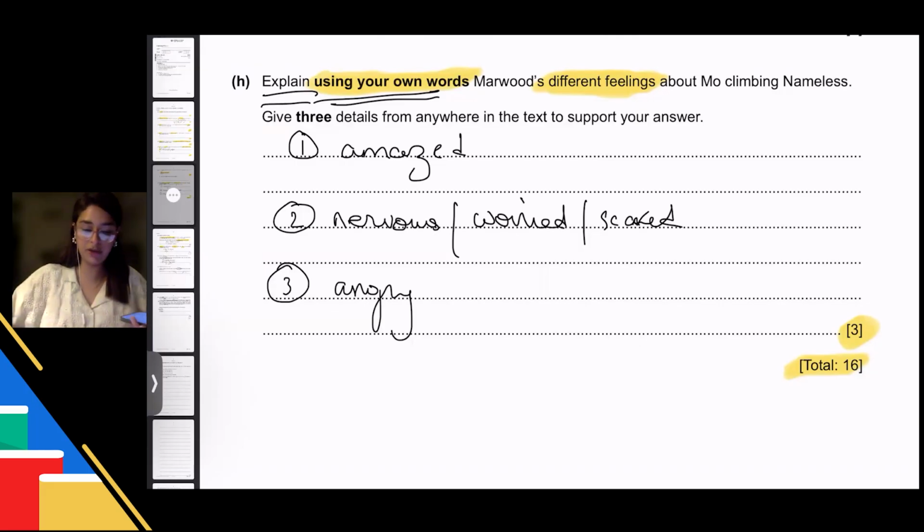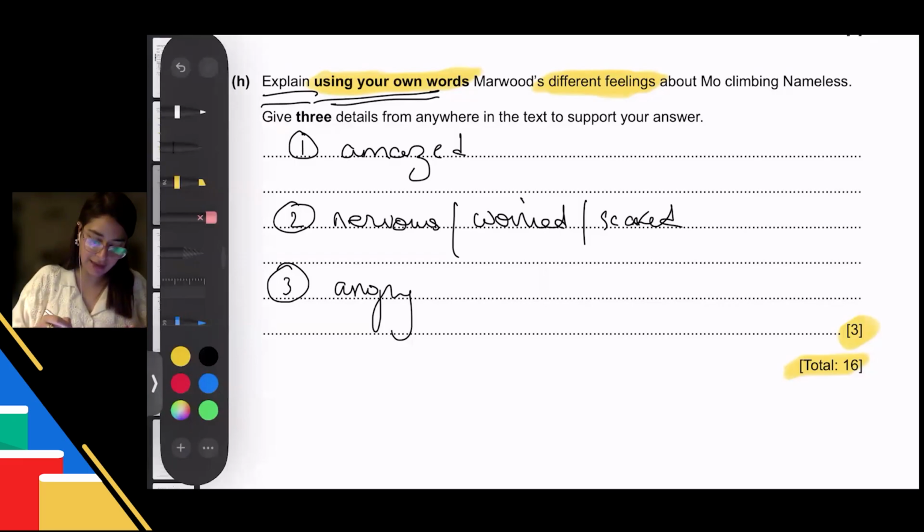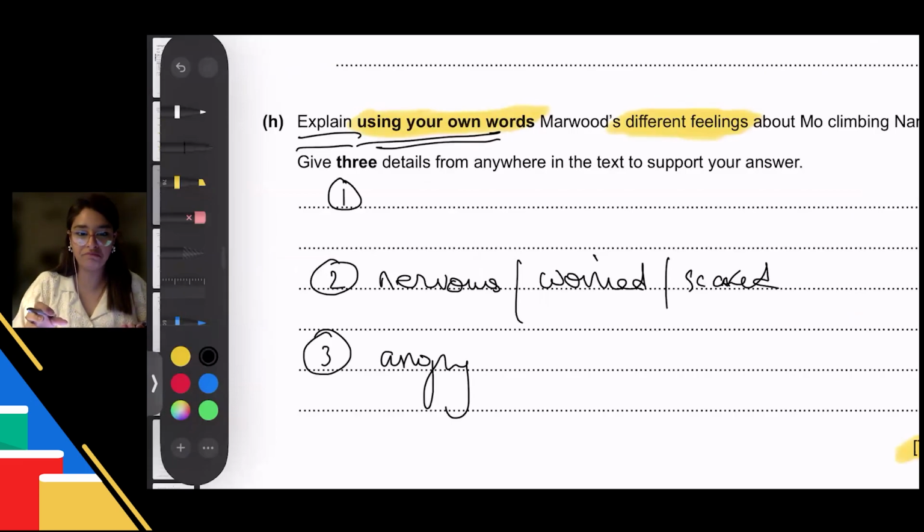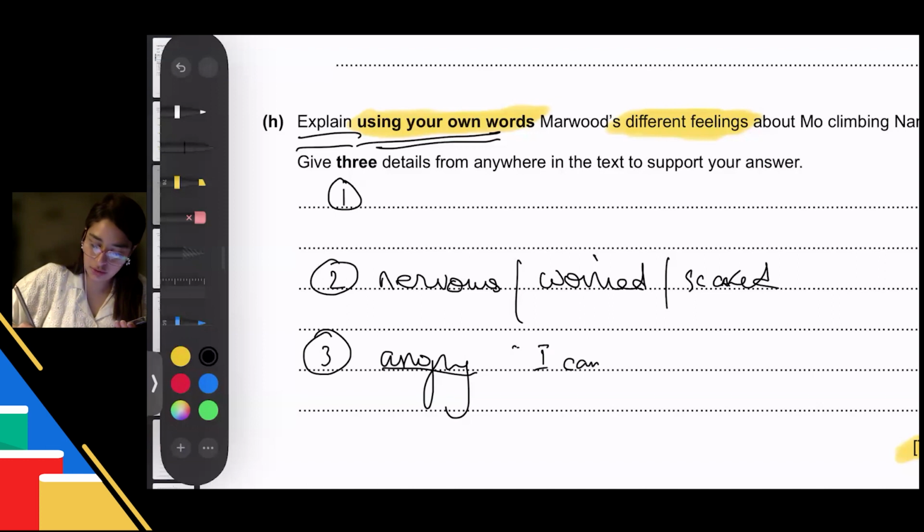So, let me just write down an answer for you so you know exactly what this is supposed to look like. For example, the first thing that I want to highlight is the fact that he was angry. This is the feeling that I want to explain. So the first thing I'm going to do is identify the line, or I could talk about how he closed his eyes.